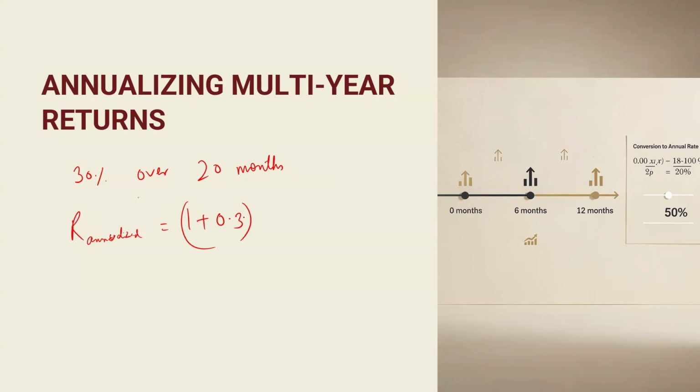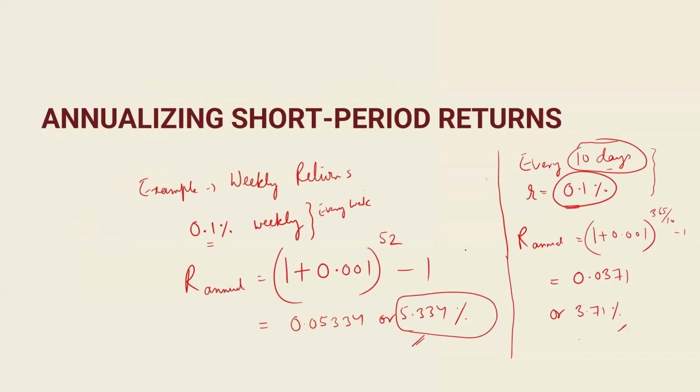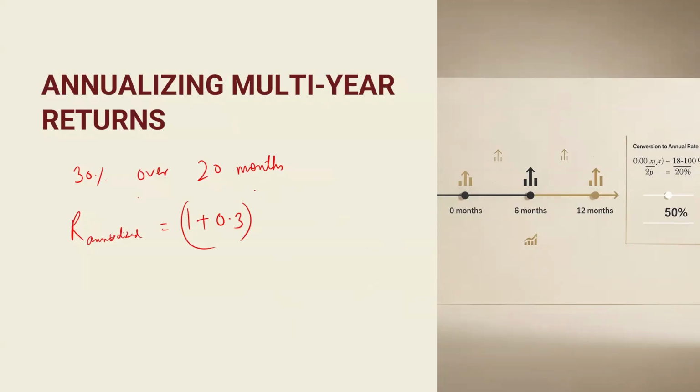Remember, the core principle is the same. Over here, you have 365 days, which means one full year, in the numerator, and in the denominator you have that period. In terms of number of months, there are 12 in a year, and in the denominator you will have 20 only.